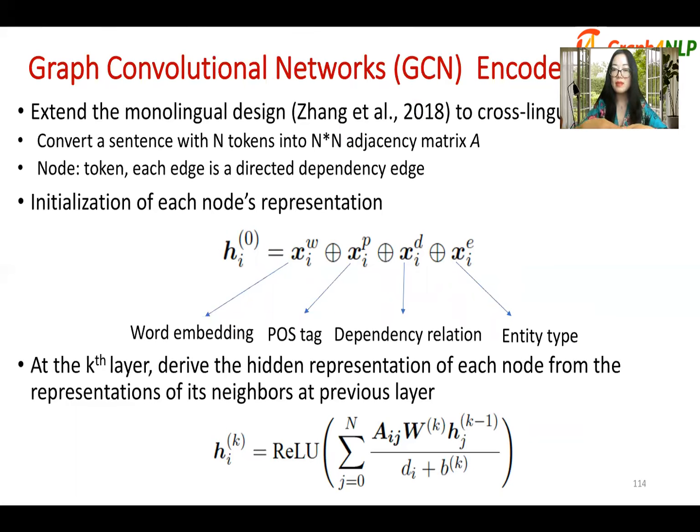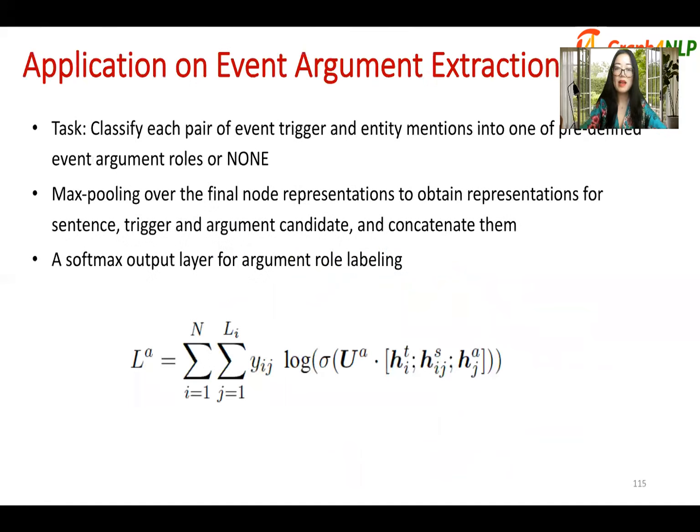And then because the edges follow the same symbolic representation from universal dependency parsing, we can then propagate the representation from the neighborhood to every node to update it. So for example, in the previous layer, you will have the initialization of each node. And then in the next layer, we update that representation using the neighborhood information.